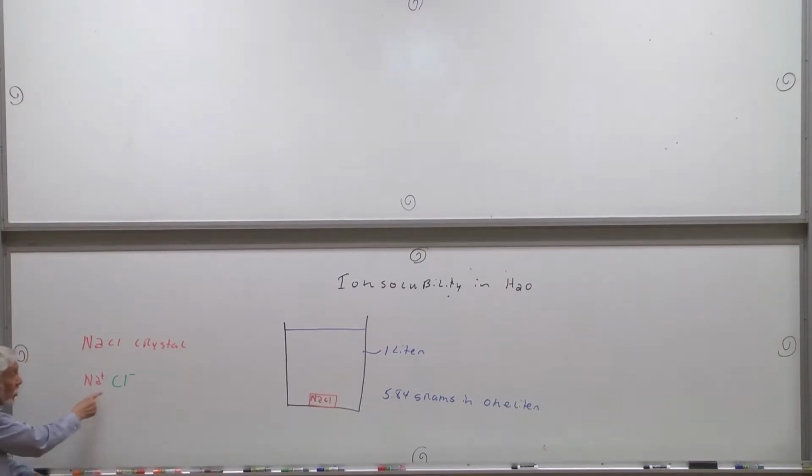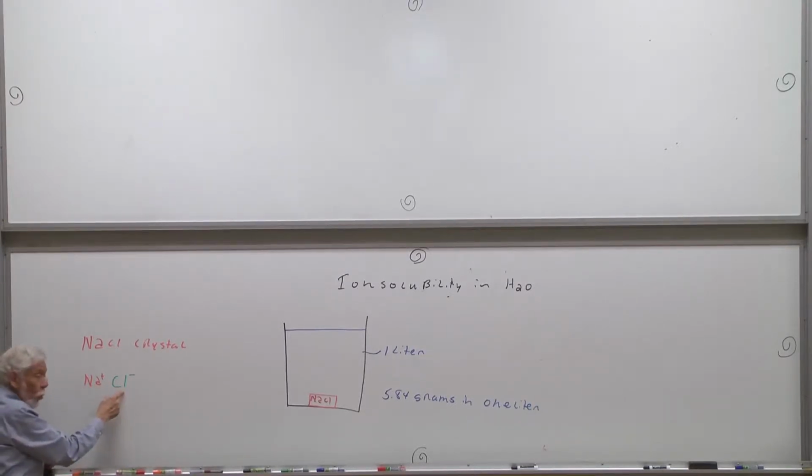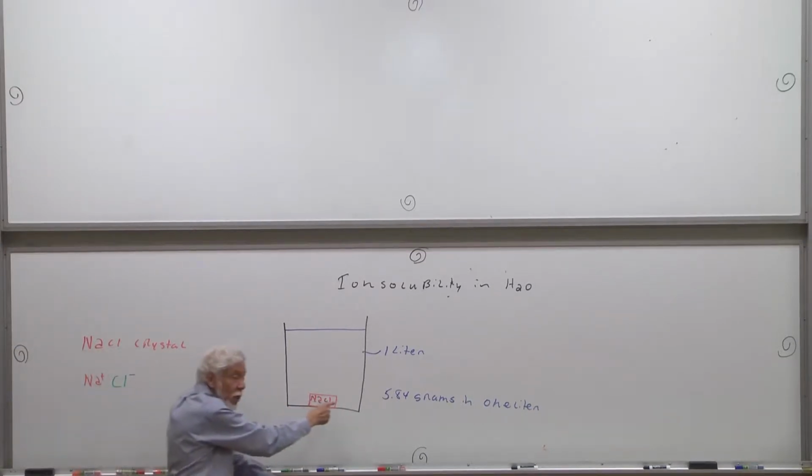Sodium is positively charged, chloride is negatively charged. And in a crystal, the salt that you shake out of your salt shaker is crystalline sodium chloride. In that crystal, each sodium ion is associated with a chloride ion over and over again, millions upon millions upon millions of them. But we can take the sodium chloride crystal and put it into water.